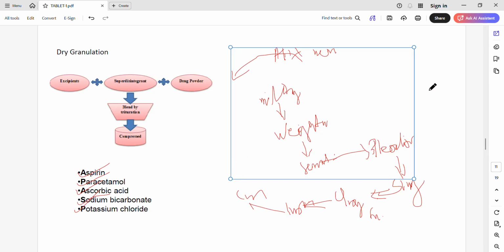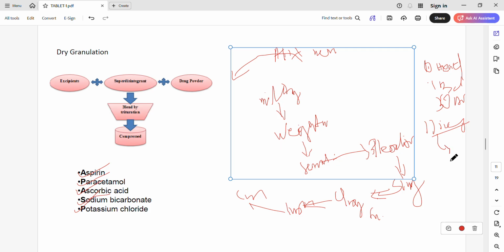To compress the tablet, we discuss the basic components of the compression machine. At first it is the head, next one is the body, third one is the hopper, and fourth one is the dies.